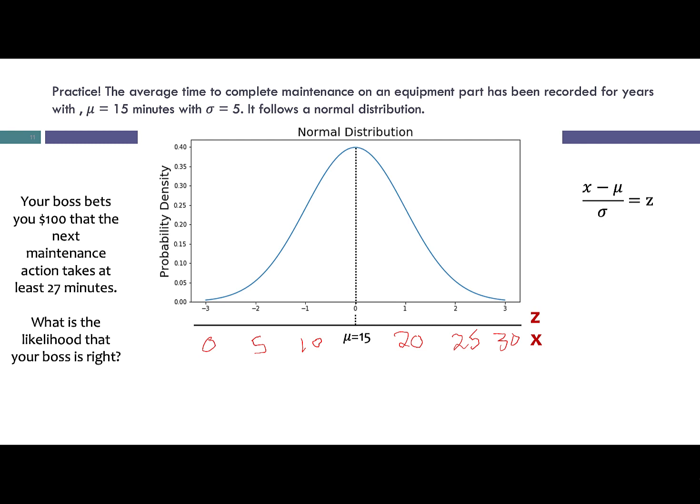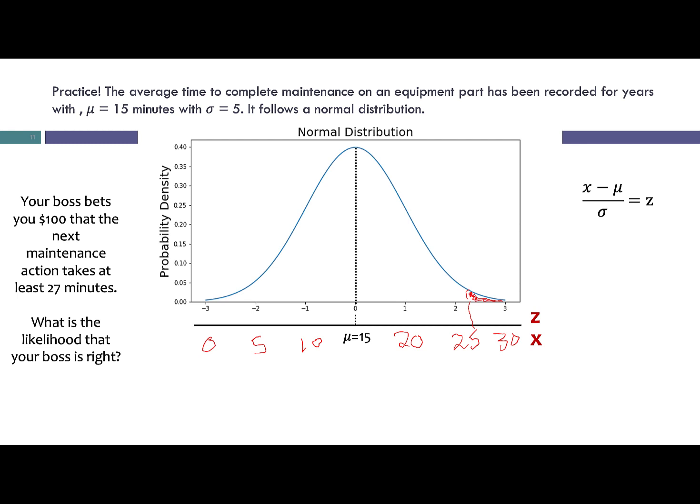The boss is taking a bet that it's going to be 27 minutes, which is right about here. Seems highly unlikely, doesn't it? The probability the boss is right is only that teeny tiny area left over under the curve.